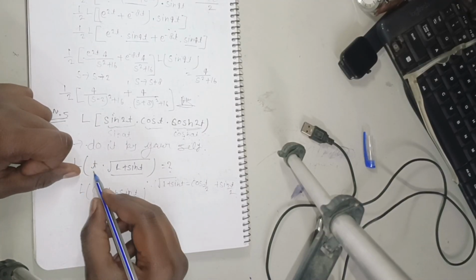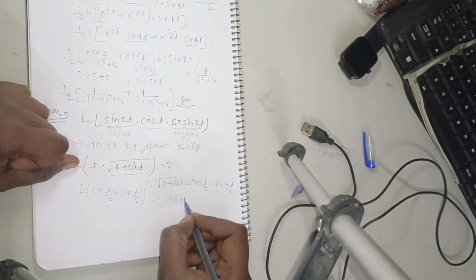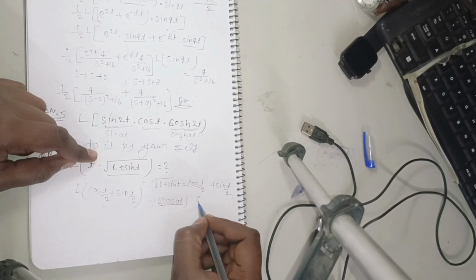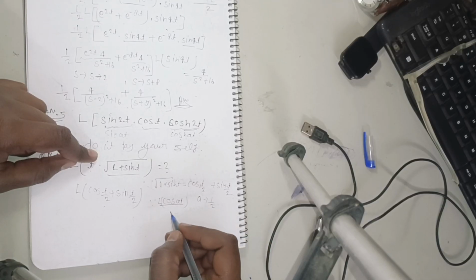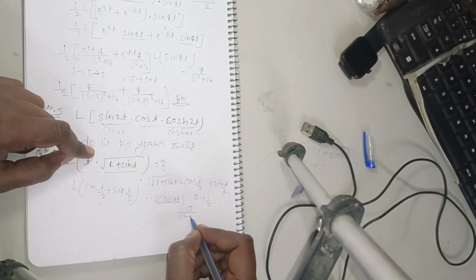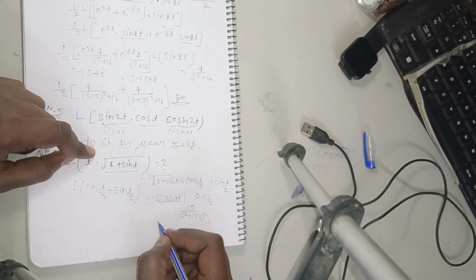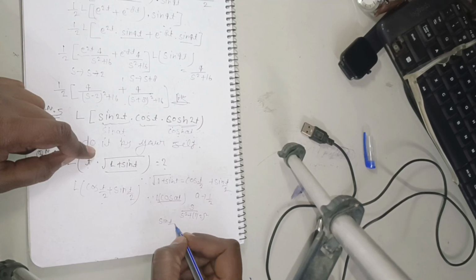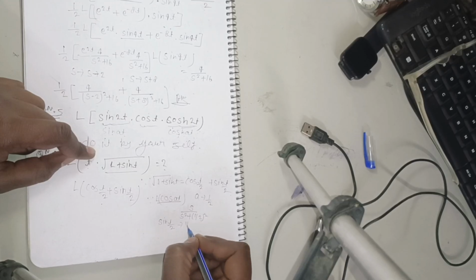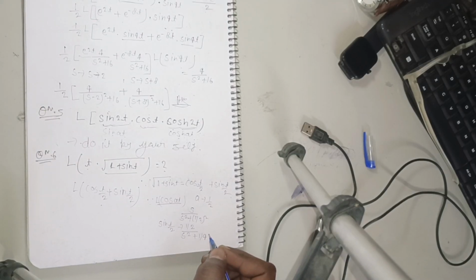Now simply I will write t after, but firstly we have to write the Laplace of cos of at. Here a is 1 by 2, right? So I can write s upon s square plus 1 by 2 whole square, and for sine of t by 2, it is 1 by 2 upon s square plus 1 by 4.